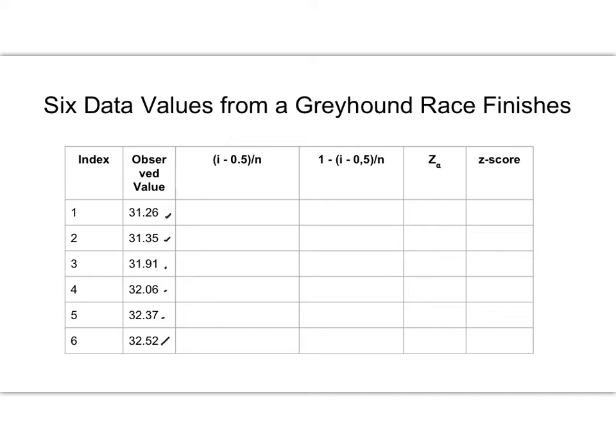So in the next column, I'm going to calculate my index value minus 1/2 divided by the total number of data I have. So that first column is the index value, that's i. 1 minus 0.5 divided by n, which is 6. And when I calculate that, I get about 0.1.